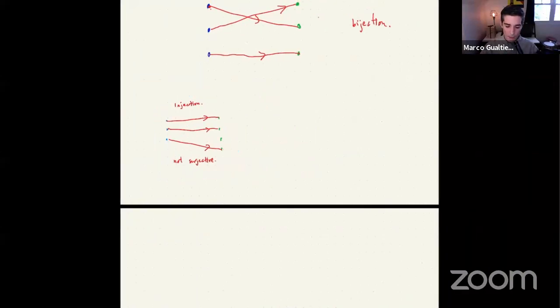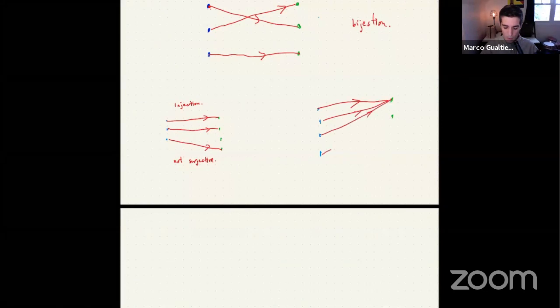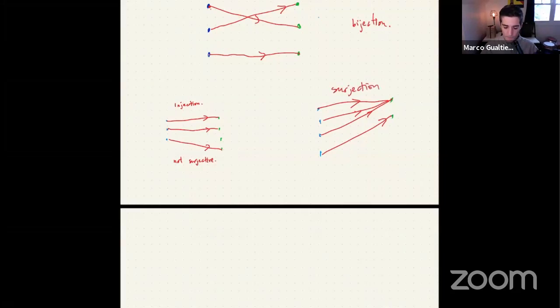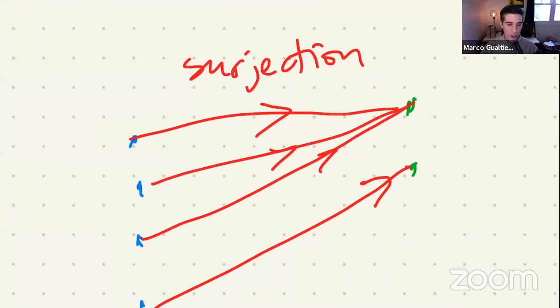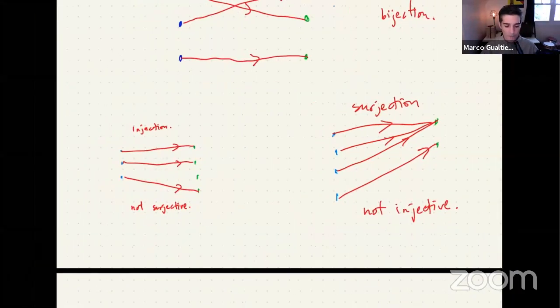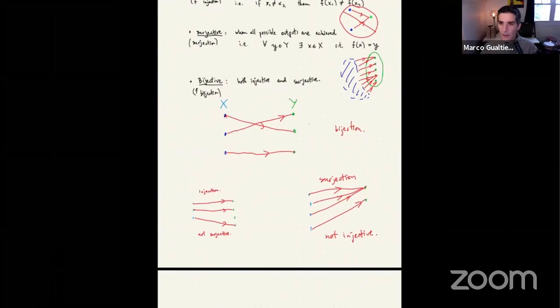On the other hand, if I was interested in a surjection, that's fairly easy to produce. This would be an example of a surjection, but not injective. Anytime that you see convergence or collision of the arrows, that's indicating that we do not have an injection.